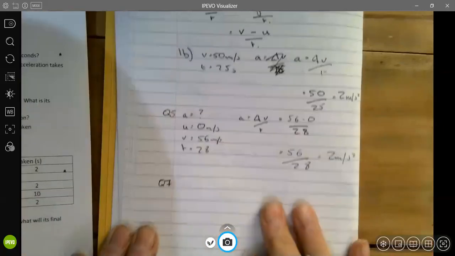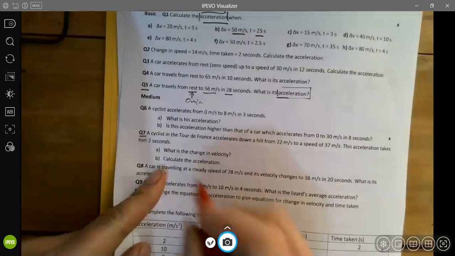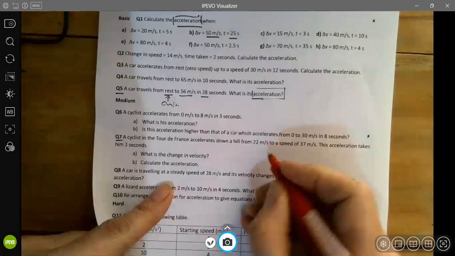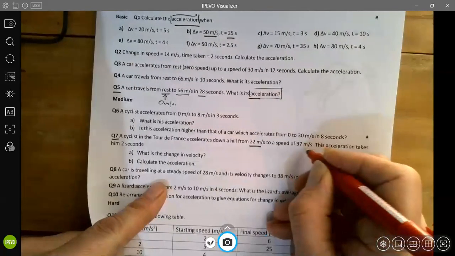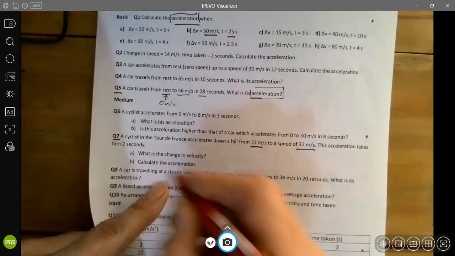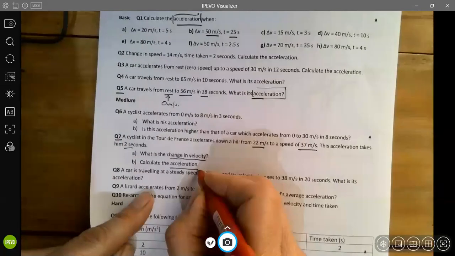So question number 7. A cyclist in the Tour de France accelerates down a hill from 22 meters per second to a speed of 37 meters per second. This acceleration takes him 2 seconds. Work out his change in velocity and then calculate the acceleration.